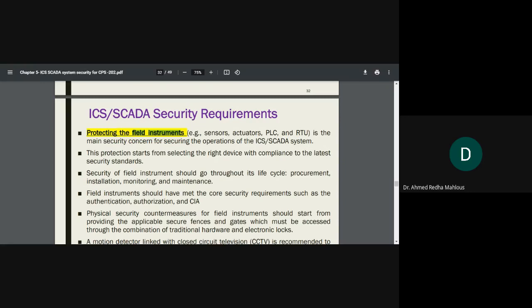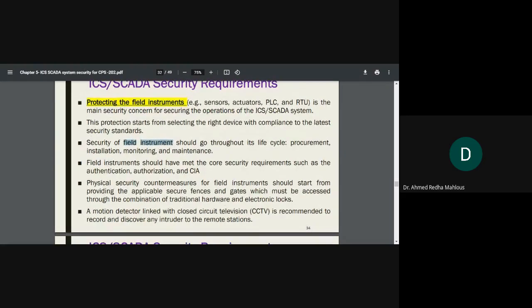You are not going to purchase devices that do not comply with any security standard. Security for the field instrument goes from procurement to installation, monitoring, and maintenance.